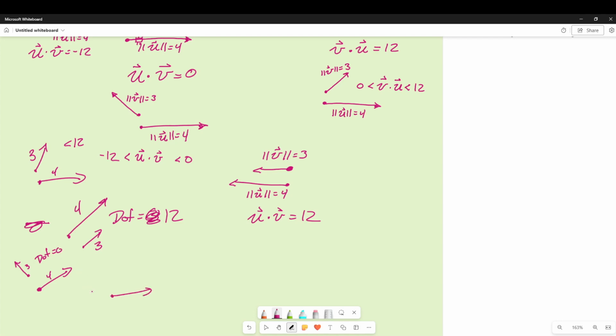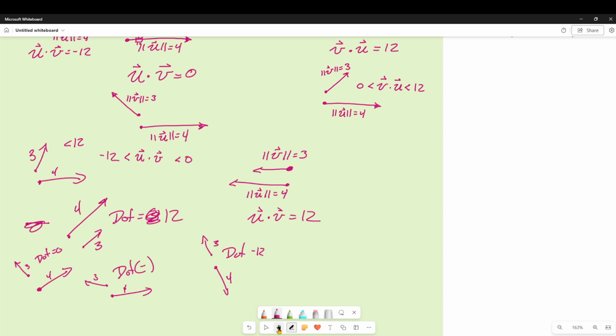If they're obtuse to each other, the dot product is negative, but not the full negative product of their magnitudes unless they're headed in completely parallel opposite directions. Now the dot product is negative 12.